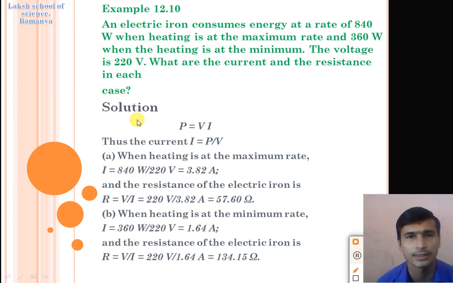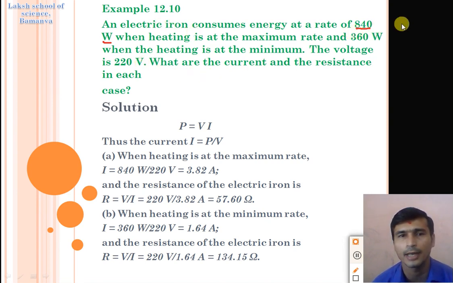Now we discuss example number 12.10. An electric iron consumes energy at a rate of 840 watt. You know, dear students, what is the unit of power?